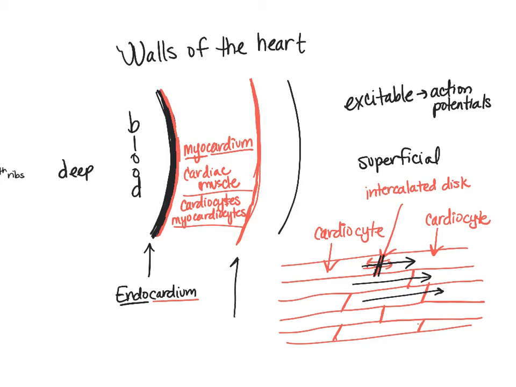If we move back up here to our walls of the heart, remember our innermost layer is the endocardium, very smooth, allows blood to slide by it. And then we have our myocardium, which we were just talking about, very important. It's going to be the contractor of the heart. Then our next layer, right here, is going to be our epicardium.